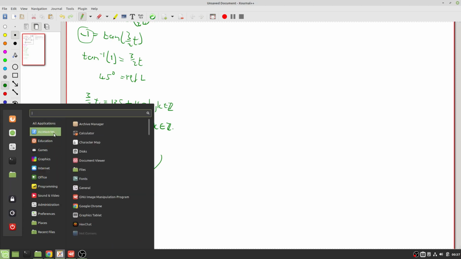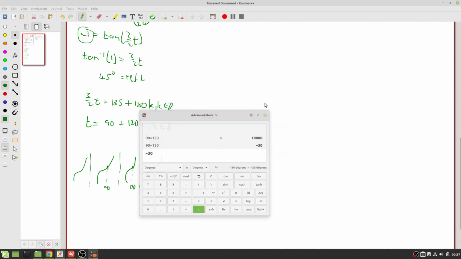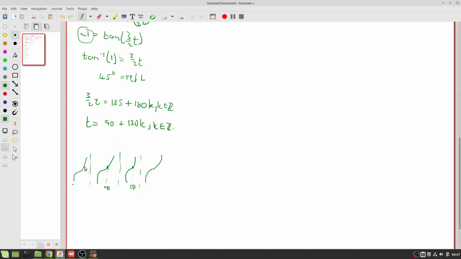Well, let's open a calculator because we're going to use that anyway just now. So 90 minus 120, not times, 90 minus 120 is negative 30. So we know this value here is going to be negative 30, right? So we see that's a general solution. It doesn't matter how far you go, every time you'll get a value that's 120 degrees left or right of 90. And you can keep going to the left, and you can keep going to the right. That is our general solution.